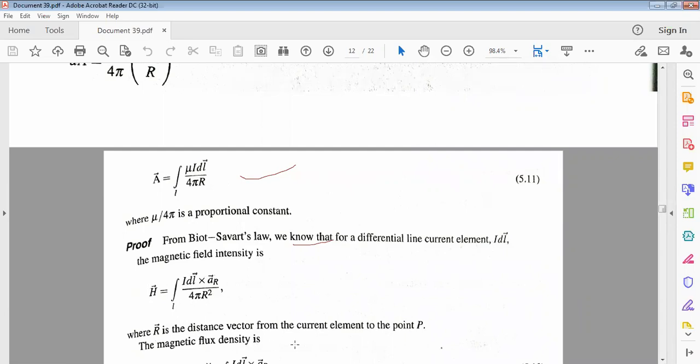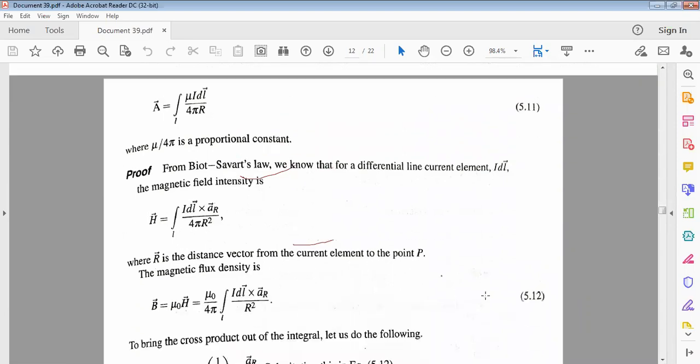Here r is the distance vector from the current element to the point P, and the magnetic flux density B equals mu naught H, which equals mu naught by 4 pi. How do you get this relation? You already know it: B equals mu naught into H. So multiply by mu naught on both sides: mu naught into H equals mu naught times the line integral of IDL aR by 4 pi r.